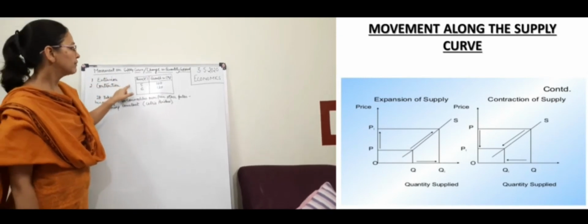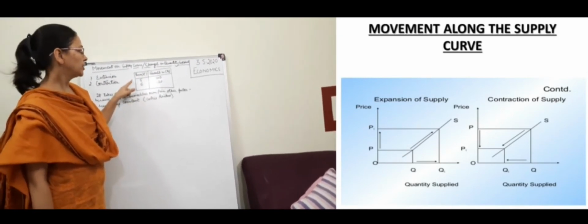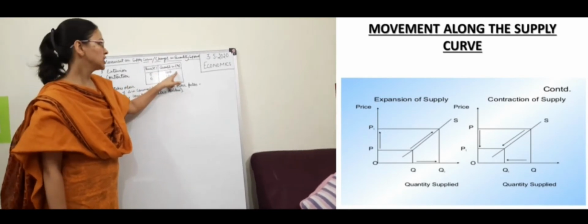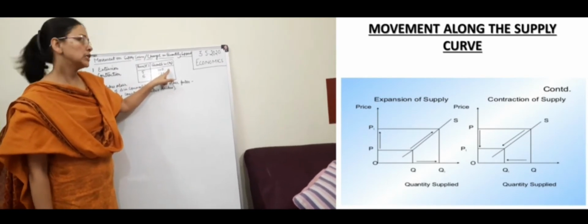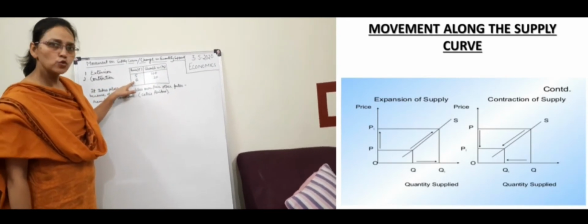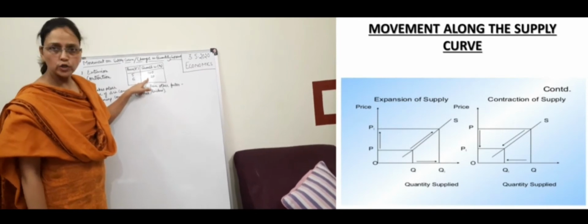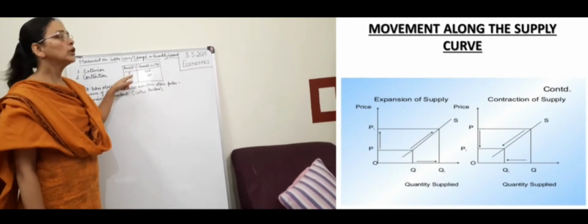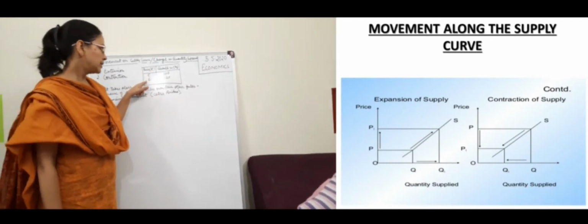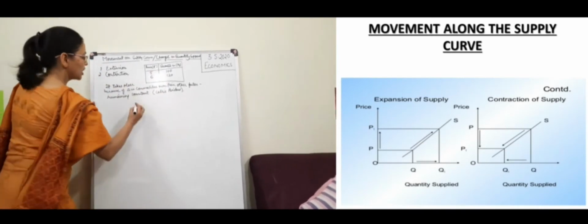The table is given to you. We have taken 2 units, 1 minute, and the price was ₹5, the quantity supplied is 100 units per kg, and the price rises from ₹5 to ₹6. The quantity supplied increased to 120 kg. It is following the law of supply: when price rises, the supply also rises. Let us see how it happens.